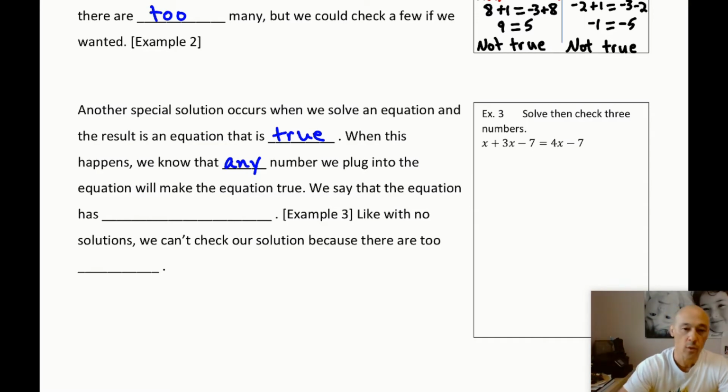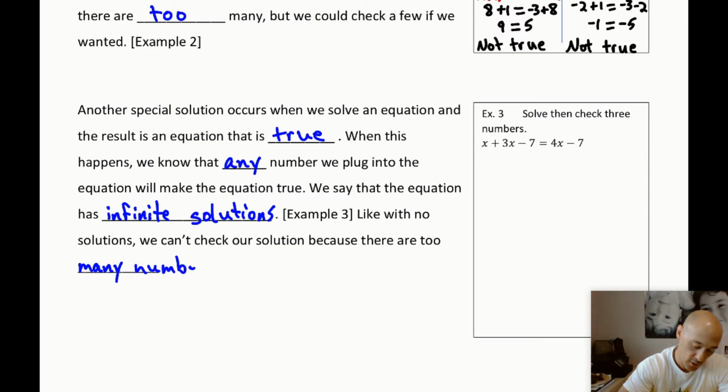We say that the equation has infinite solutions, or infinitely many solutions. Like with no solutions, we can't check our solution because there are too many numbers.